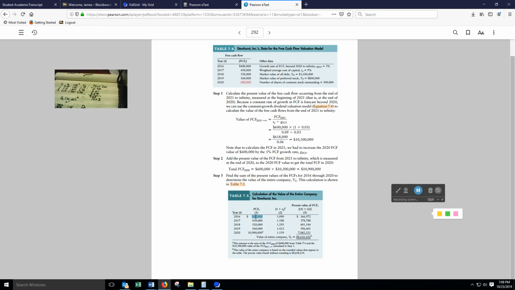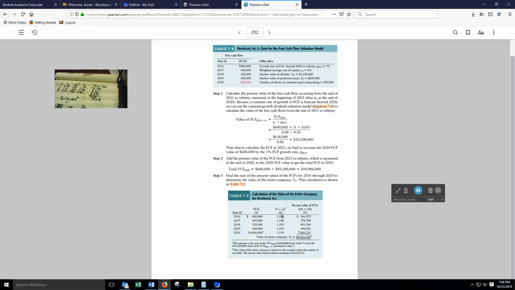There are a number of ways you could do this. The easiest way would be to enter this free cash flow, $400,000, as a future value in your BA II Plus calculator. Then we would enter a 9% interest rate for the I/Y button. We're starting from 2015. This cash flow is 1 year away.